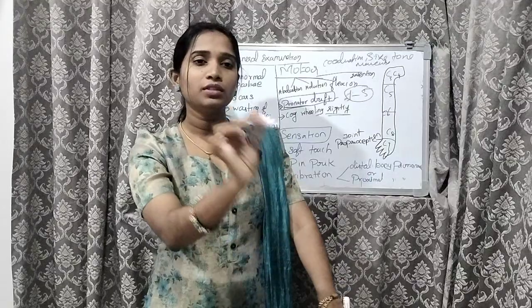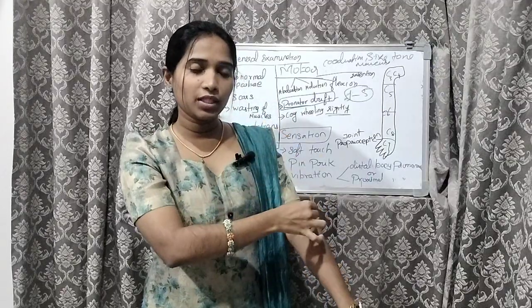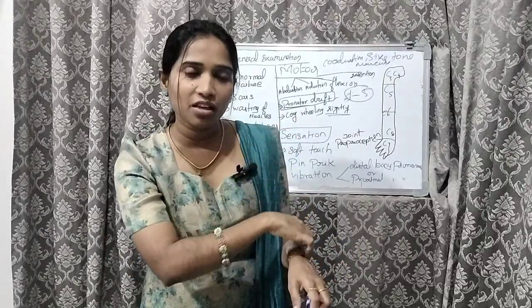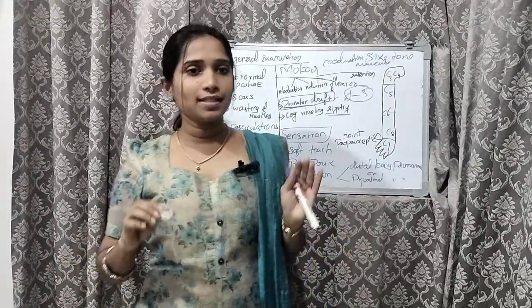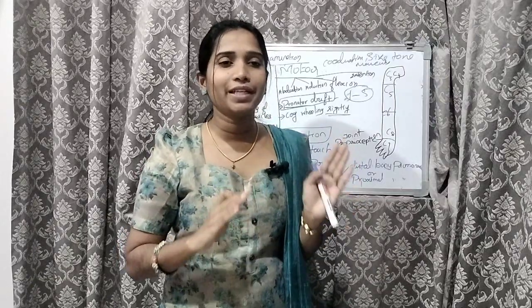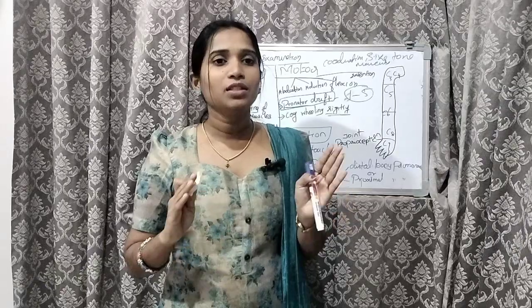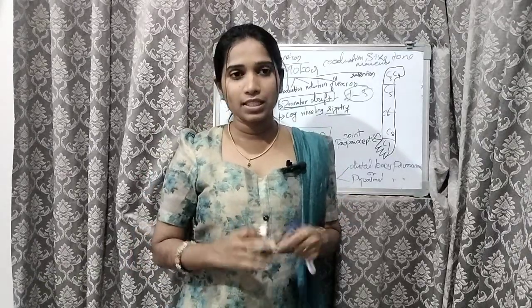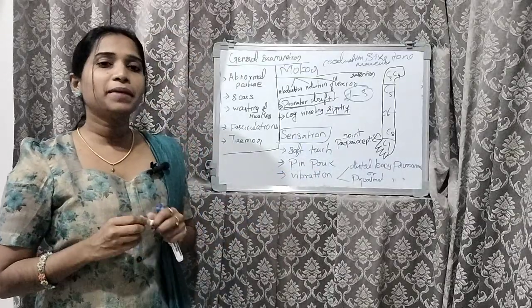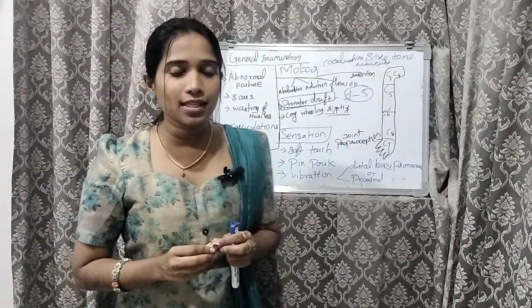So you have to touch everywhere, shoulder as well as elbow, then wrist and fingers. So you have to touch everywhere in the body. Once they feel it, the soft touch sensation is good. Clear now? Yes. Then you can go for the pinprick test. See, for the pinprick test, you can take one lancet.